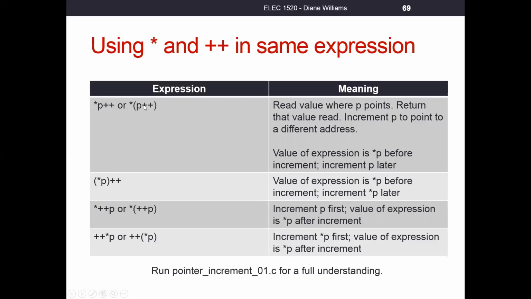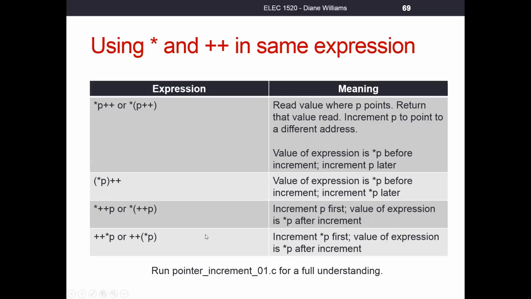So this returns what's in memory, and then it adds 1. So before it makes P point to something else, it returns the memory where P is currently pointing. Like I said, these can be a little bit confusing of how they work, right? In this case, this is actually going to make P point to another memory location before it returns what's there, right? So you need to be careful with these.